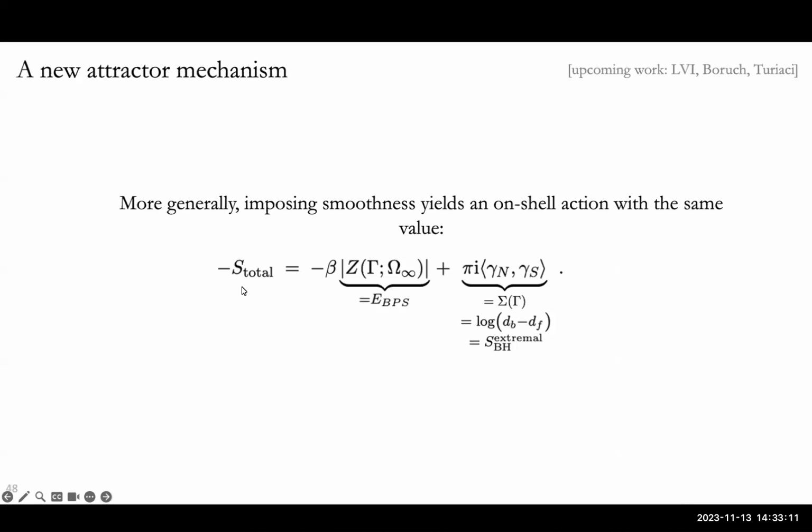And this is what captures the log of the difference of dB and dF, and the extremal black hole entropy. And one can generalize this procedure, just like we did before, to compute the index of any multi-center solution. So these are analogs of the Denef-Bates solution.